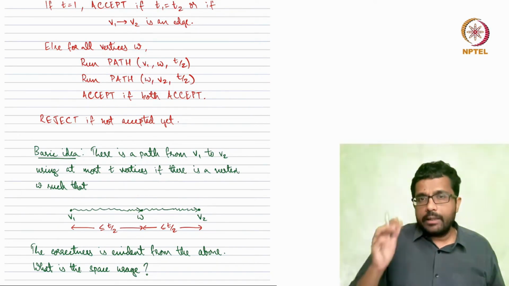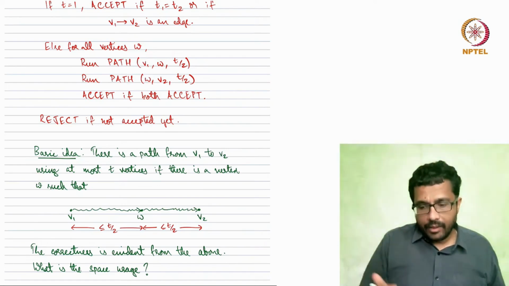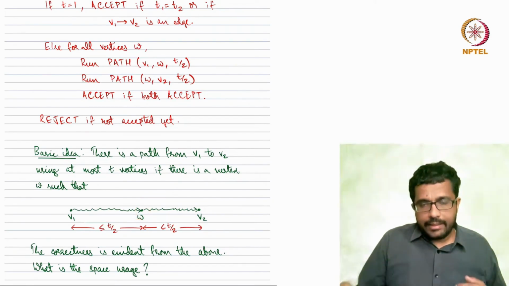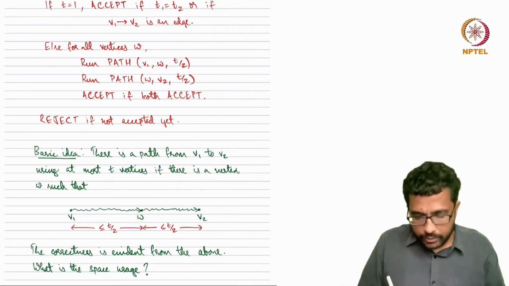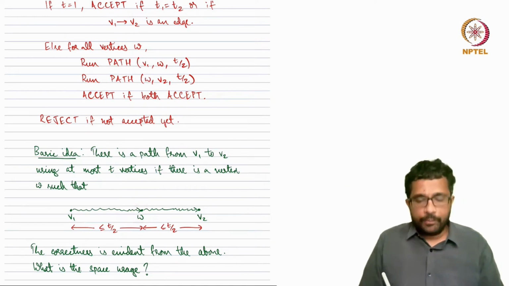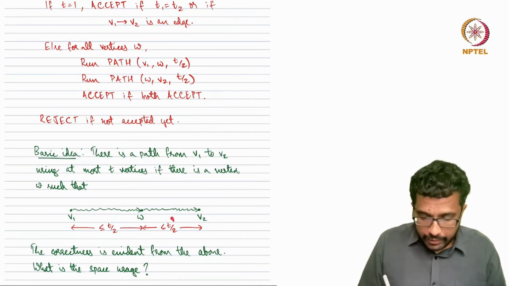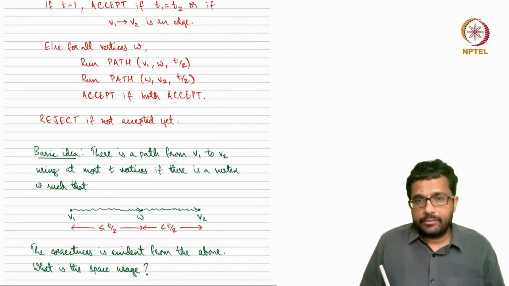Then there should be a center vertex, or there could be more than one, but there should be one vertex, which I am calling W, such that there is a path from V1 to W of length at most t divided by 2, and there should be a path from W to V2 of length at most t divided by 2.